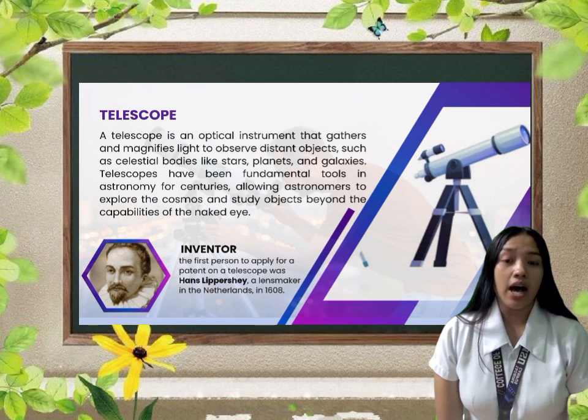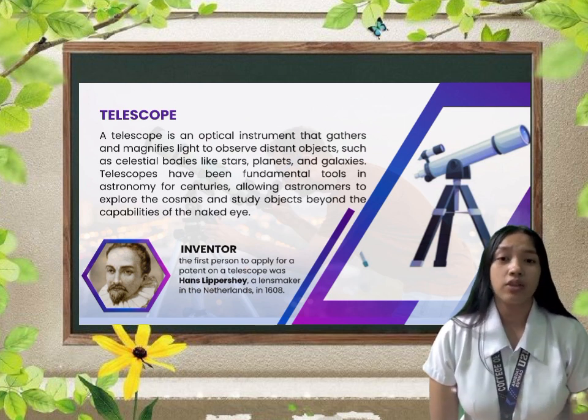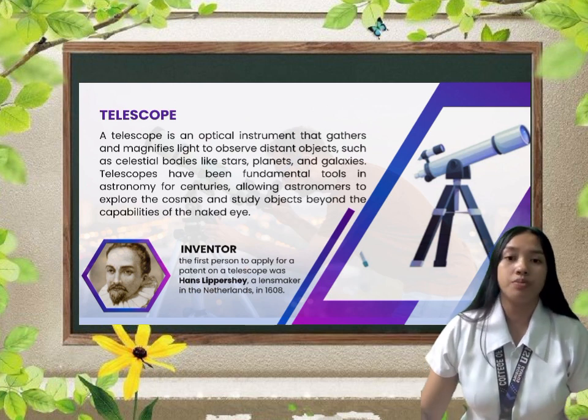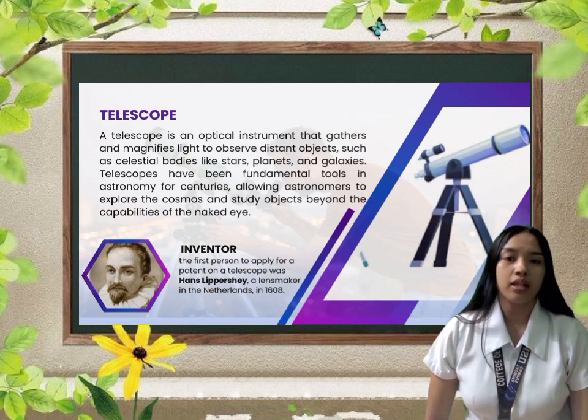Telescopes have played a crucial role in advancing our understanding of the universe, enabling astronomers to make groundbreaking discoveries and expand our knowledge of the cosmos. So, we use the telescope to enlarge objects in space, like the Moon, Jupiter, other planets, or our stars, so we can see them more clearly.